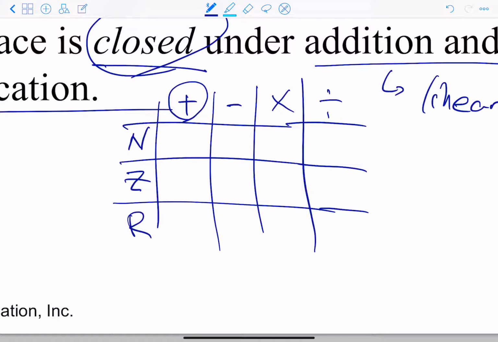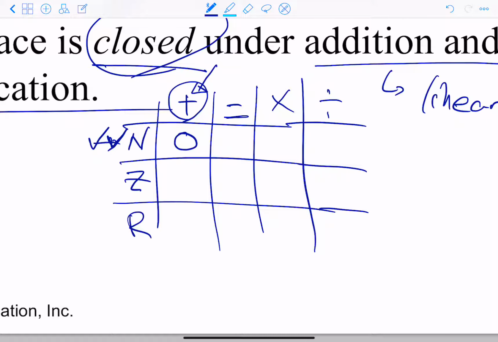Is the set of natural numbers closed under addition? It is closed, because you freely choose any two elements in this set, perform the operation, and the result is always included in the original set. That's the meaning of closedness.